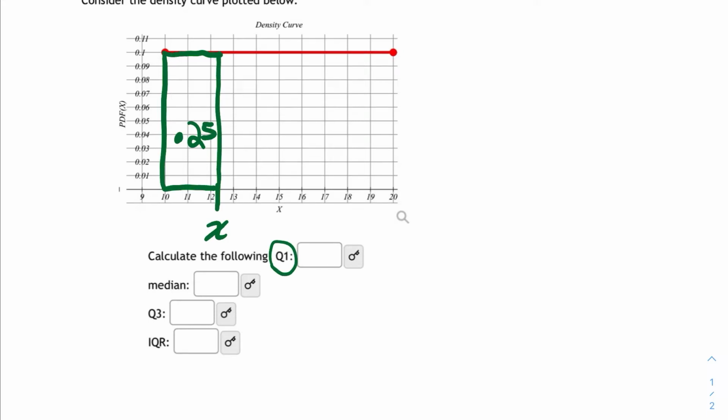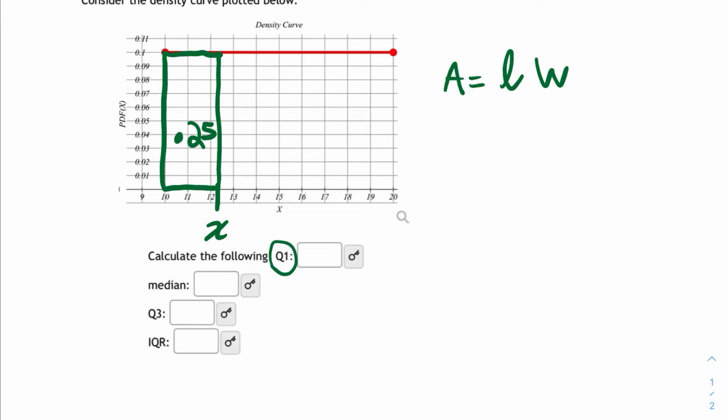Well, that's a rectangle whose area is 0.25, and I know area is equal to length times width, and the length in question here, the side-to-side distance, would be the distance from 10 to x. So if I can find out what that length is, I'll know how far it is from 10 to the value of x.